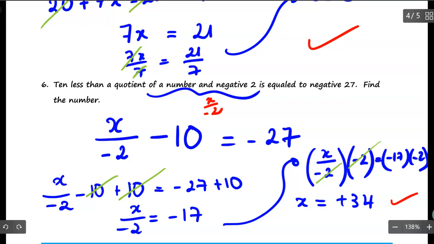Let's double check here. If I take 34 and divide it by negative 2, I should get negative 17. Negative 17 subtract 10, I should have negative 27. So 10 less than the quotient of 34 and negative 2 is equal to negative 27.